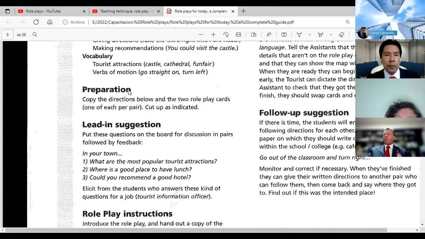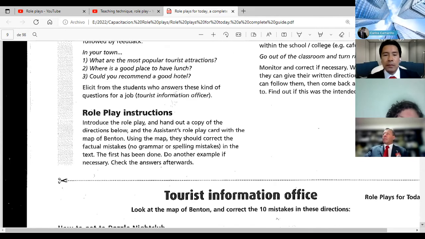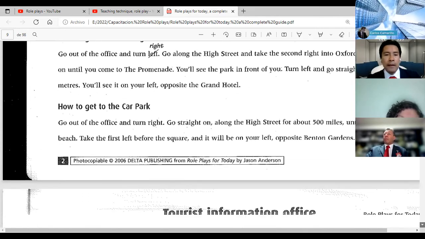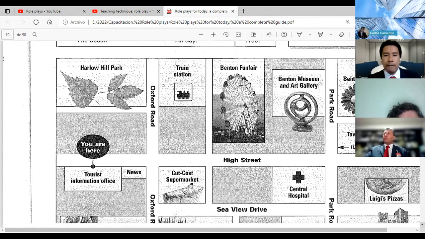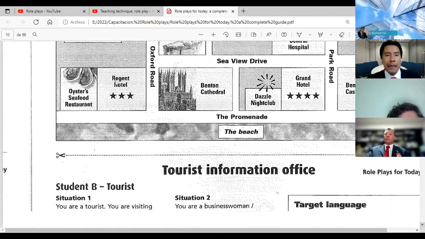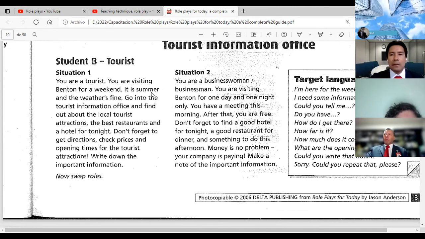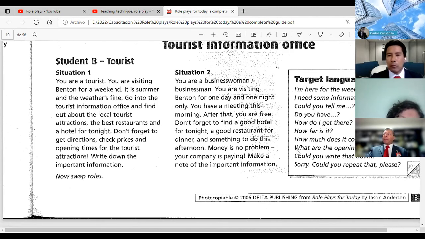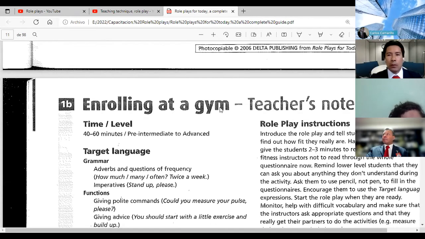It gives you how to prepare the activity, the instructions that you might give to your students, some advice, some suggestions, and then vocabulary, and now the specific situation and instruction that you can give to your students. Even, as we watched in the first video, the vocabulary or expressions that your students might use. And then we have here the second one.